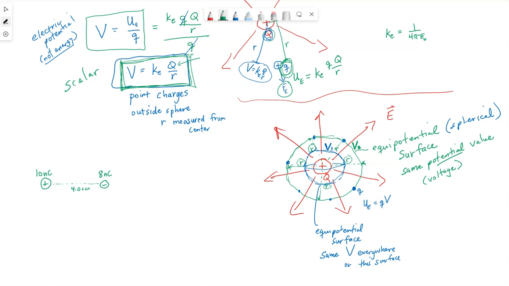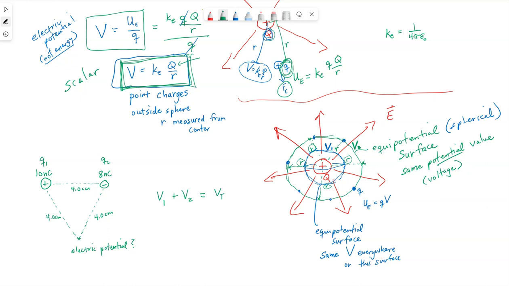If I wanted to find the electric potential, or just potential, down here, the tip of an equilateral triangle, so these distances are all 4 centimeters, I simply need to add the voltage from charge 1, or the potential of charge 1, to the potential of charge 2 to have the total potential down there.